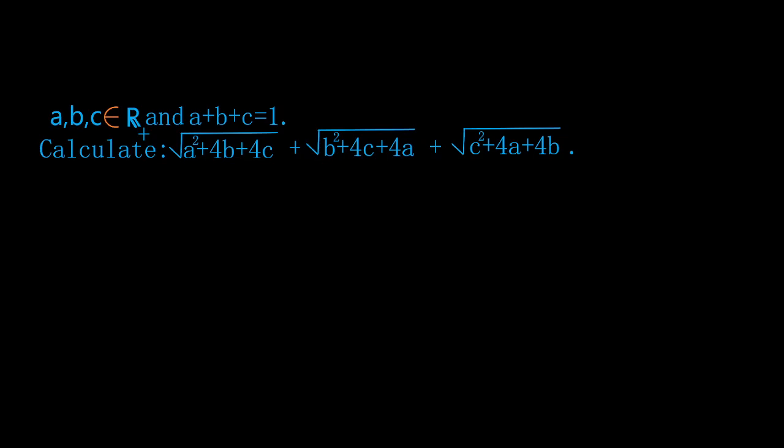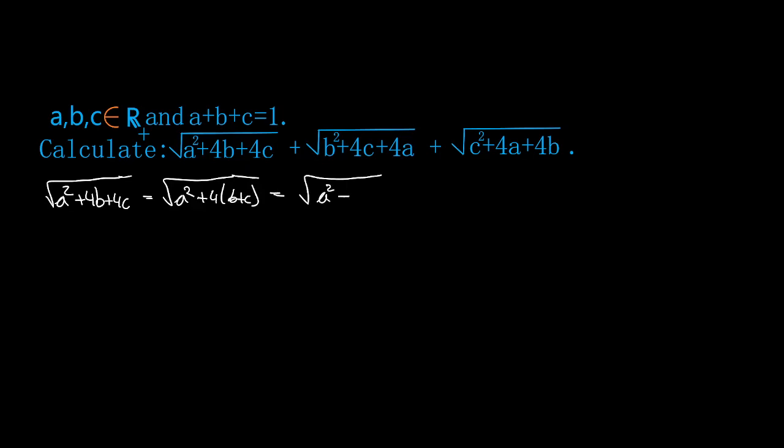Look, for example, let's take the first square root: a squared plus 4b plus 4c. Now we can factor here. Look, a squared plus 4 times the quantity b plus c. Pay attention here.